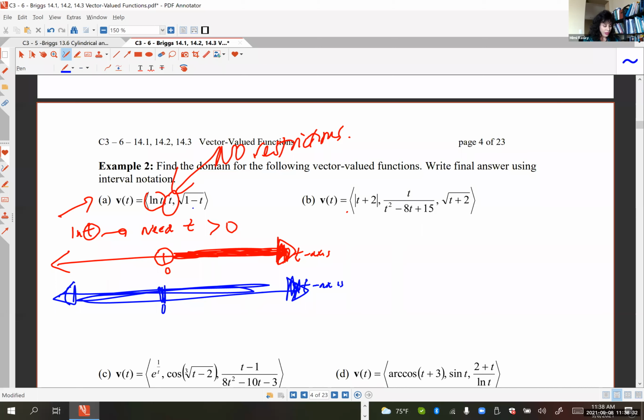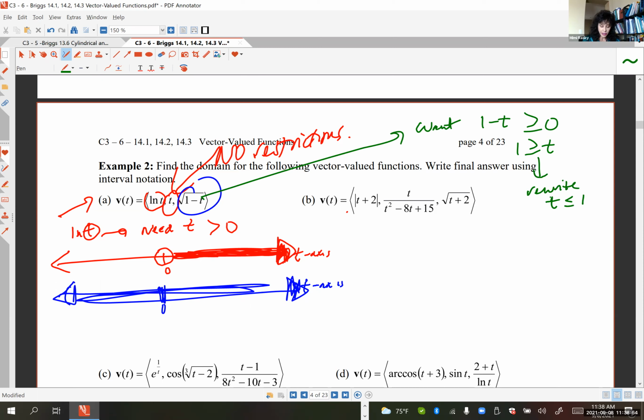Fine. Now, what about the last component, the square root of 1 minus t? Well, that's a problem because you don't want the 1 minus t to be negative. So what do you want? You want the 1 minus t to be greater than or equal to 0, and then we're happy. If you add t to both sides, you get the answer. But I'm going to rewrite this so I can see better.